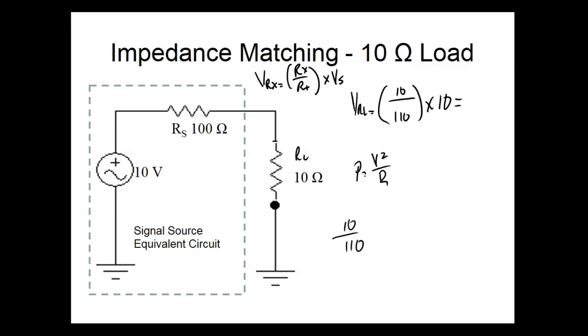So what's this ratio right here? Yeah, but it's a ratio. So it's 0.909. So it's not a milli, it's a ratio. Okay, so what happens if I come over here and change this to 25 volts? Well, you'd go through the whole thing again, but it would always drop 90.9%.